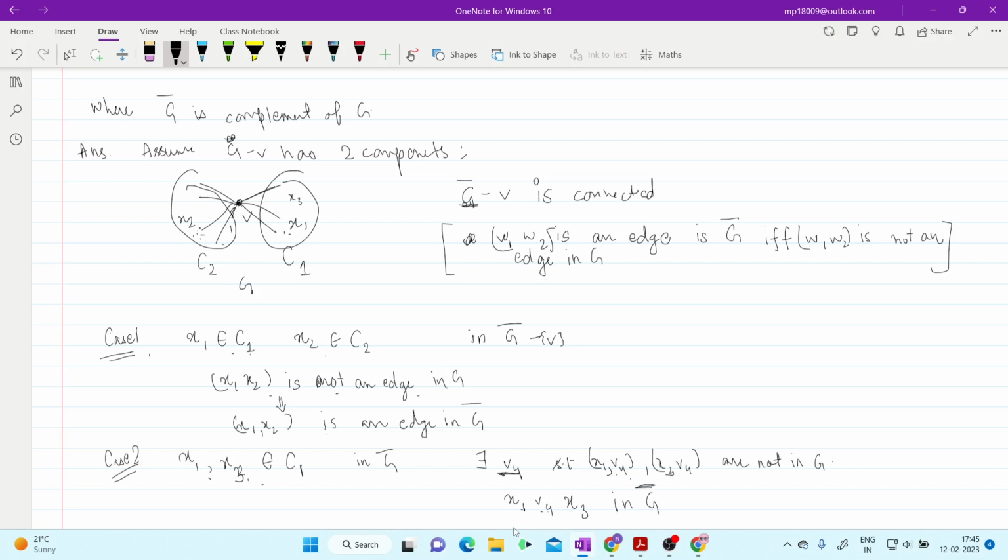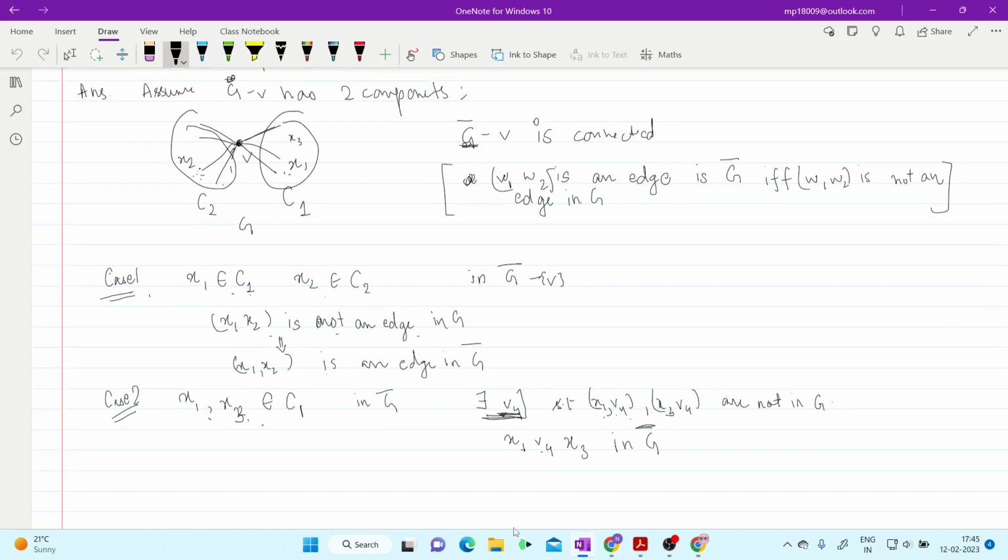But this is true only if we can find such a vertex which is not connected to x1 and x3. So in this graph can you see any vertex which is not connected to x1 and x3? Can you guarantee any vertex here? x2. Yes, very good.